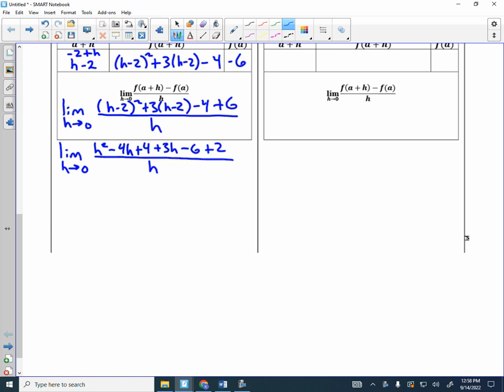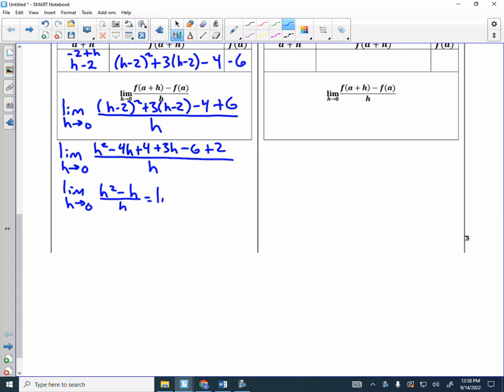Could you combine some like terms? Yeah, you have the limit as h goes to 0 of h squared, then minus h. And those are all gone, right? The 4, the 2, and the negative 6 go away, divided by h.